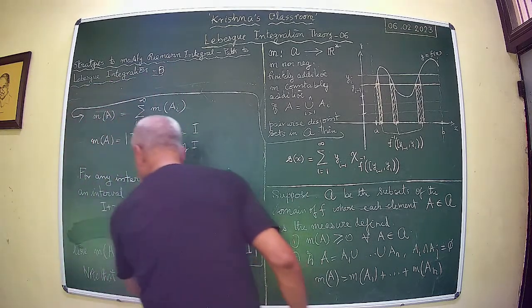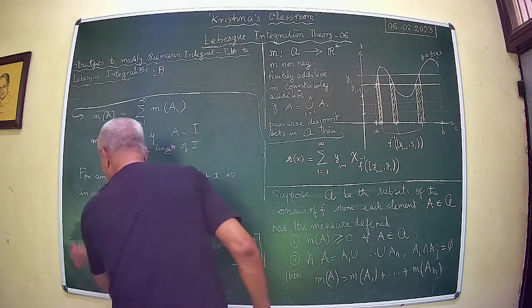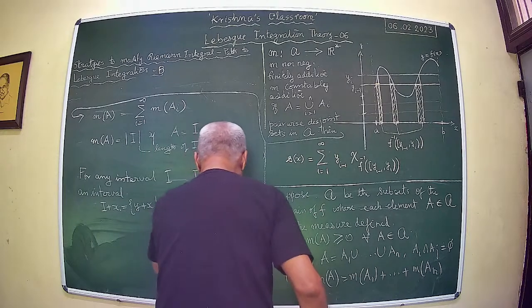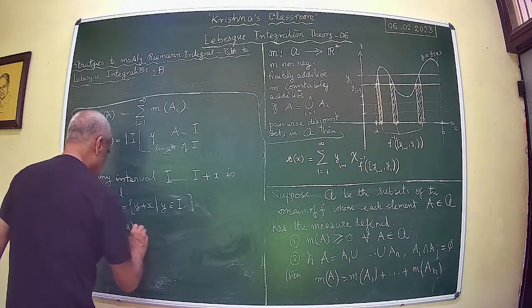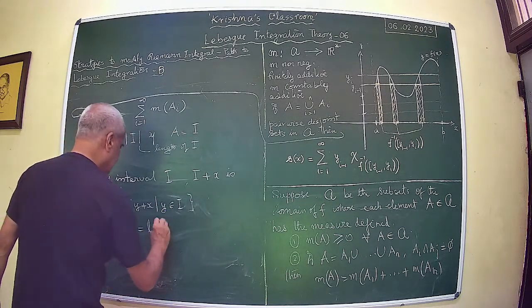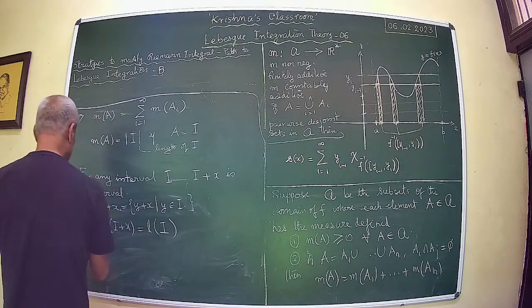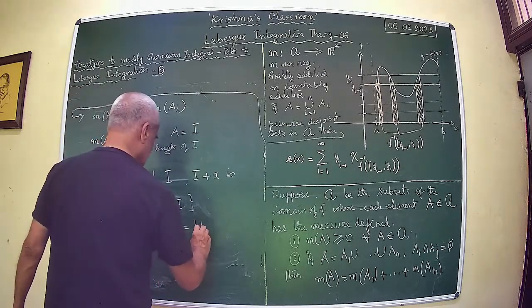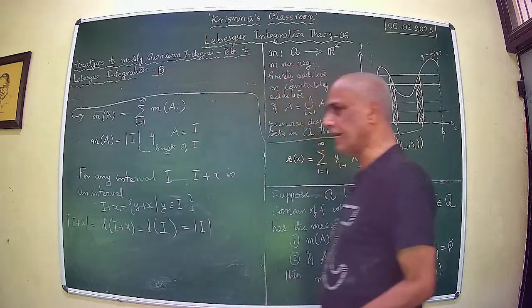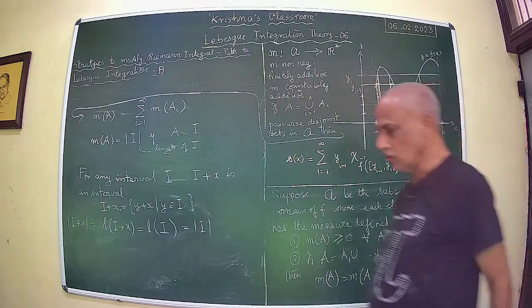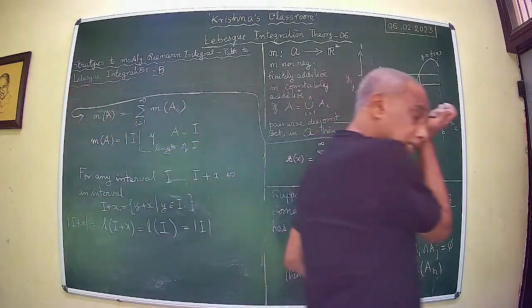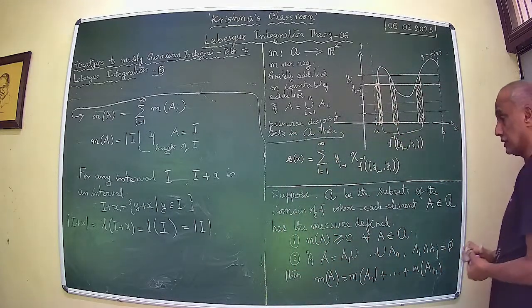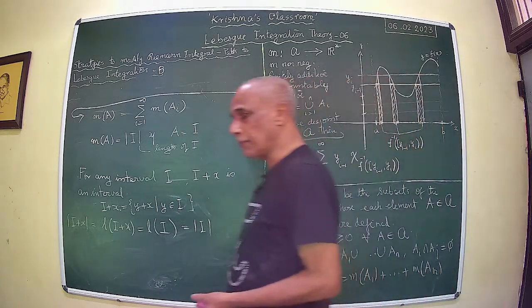Now we see that for an interval, the length of I plus x is equal to the length of I. So the length is invariant over translation. That is, length is a function which is invariant under translation. So we would like the same property for the measure.